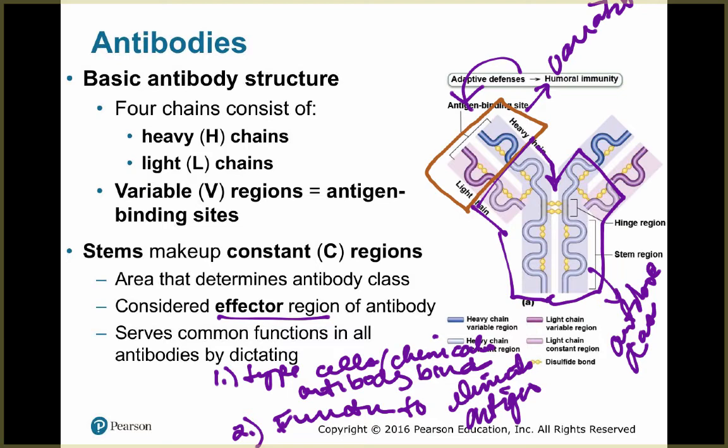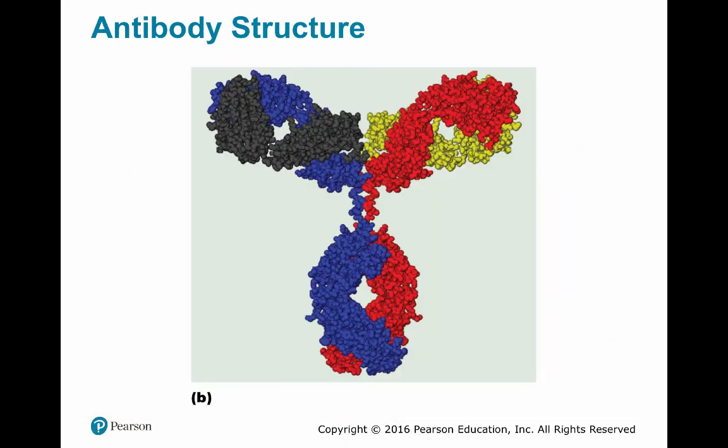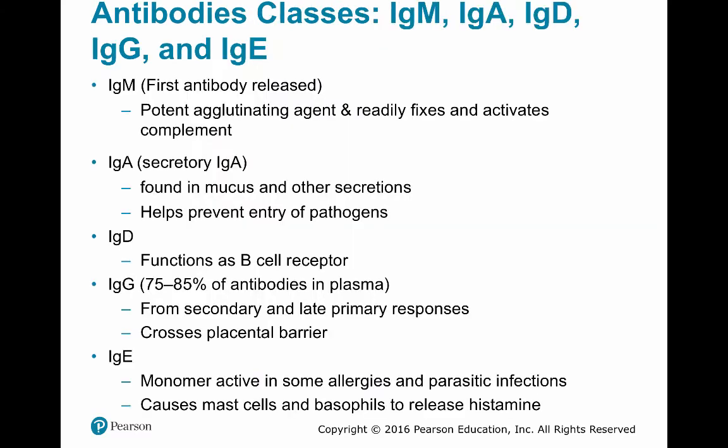And so these antibodies are all over. Some fix complement, some circulate in the blood, some are found in body secretions. It all depends on the type of antibody. And so this kind of gives you an idea of what the structure looks like a little bit more.